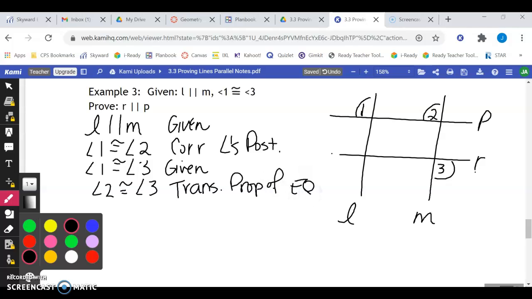And then if angles 2 and 3 are the same, if you look, they are alternate exterior angles of P and R, then that tells us that R is parallel to P because of that converse of alternate exterior angles theorem.